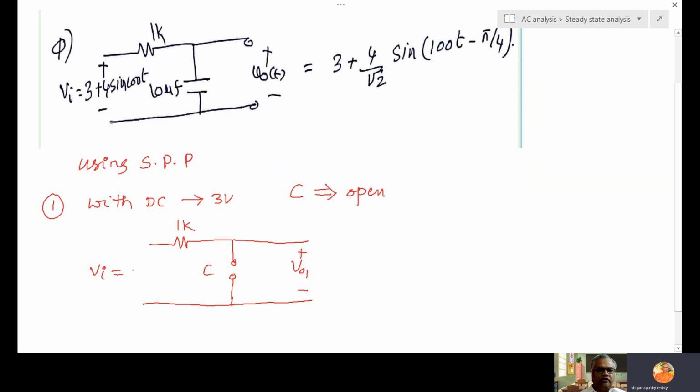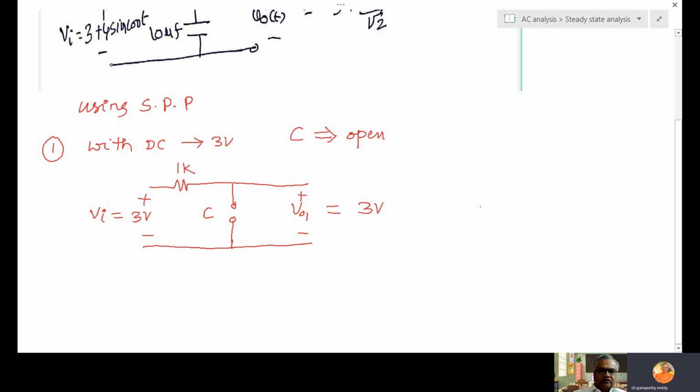Now Vi is only 3 volts. So what is the expected answer now? When the capacitor is open, current is not flowing, so the output follows the input. So V01 is simply 3 volts. That is with the DC. Then second, with the AC.